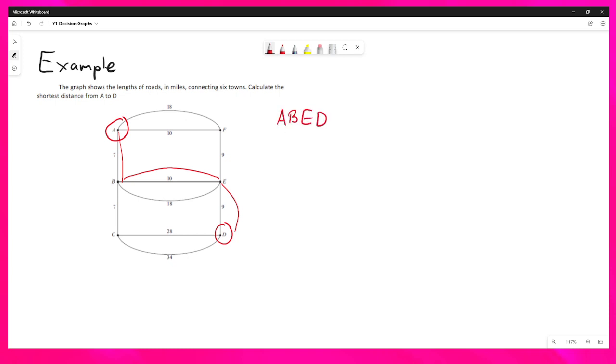When we write down a path like this, we write it in this way, with just the list of letters next to each other. The weight of this total route is AB plus BE. Now, obviously, there are 2 options for BE, but we're going to choose the smaller one because we're trying to find the shortest distance. Plus ED. Then we get 26 miles.